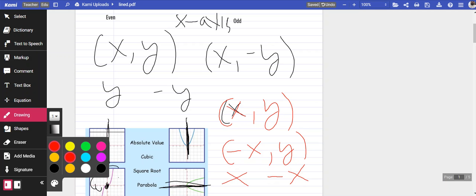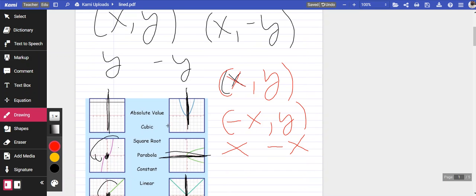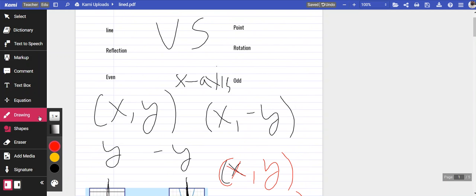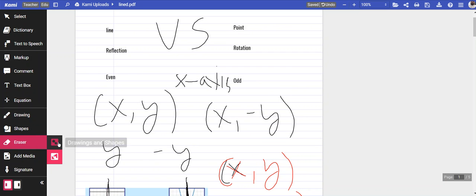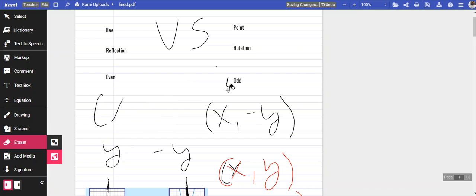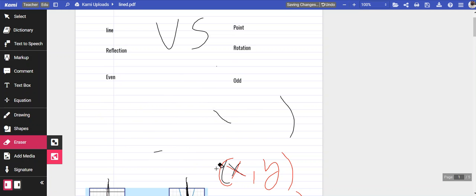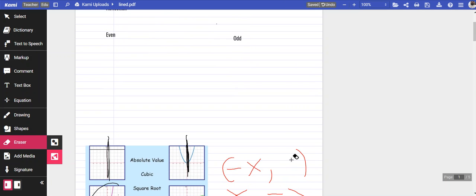As far as origin or rotational symmetry, what you have to do here is a little different.